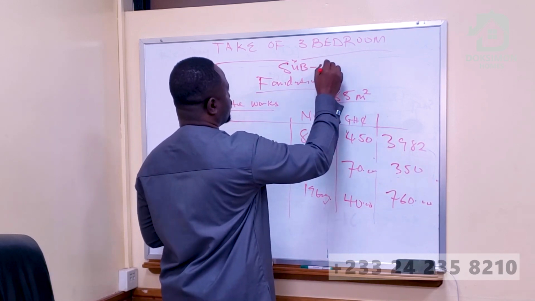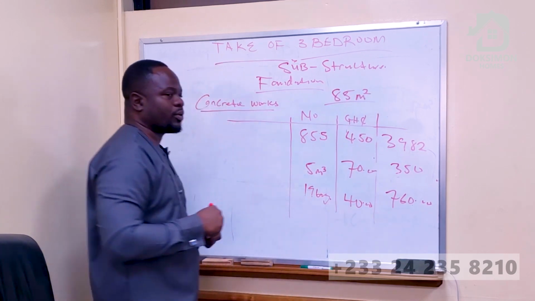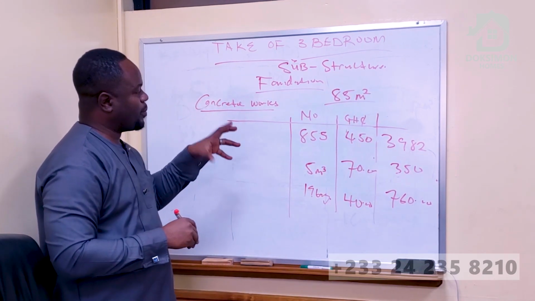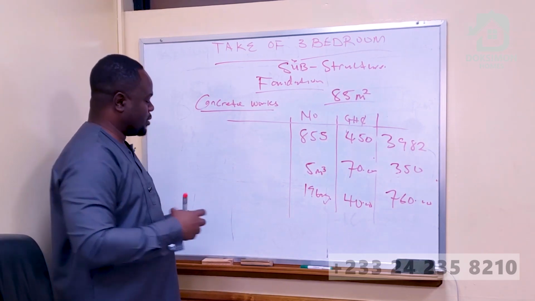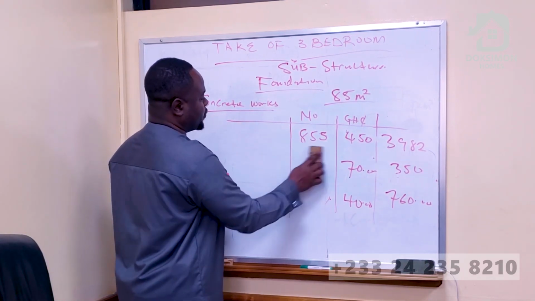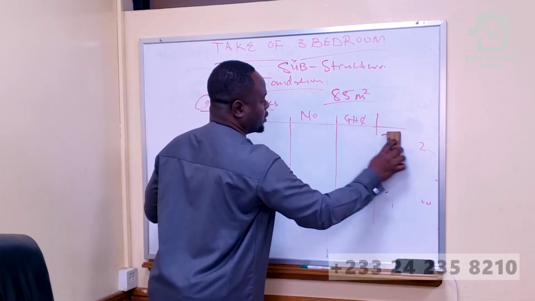Everything beneath the earth is substructure when you are building. So we are looking at the number of stackers or columns that we need in the foundation, the number of metals that go into it.